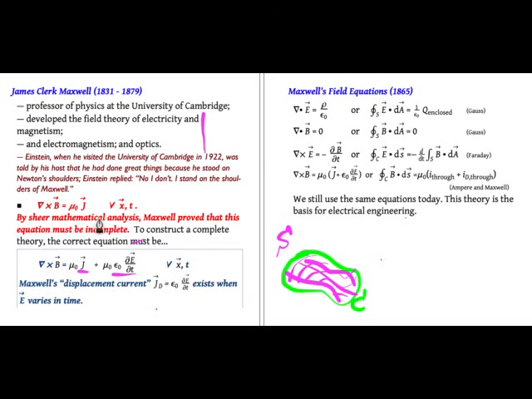But by purely mathematical analysis, Maxwell said this should be the equation for the curl of the magnetic field. And that led to a complete theory of electricity and magnetism. And we use the same theory today.